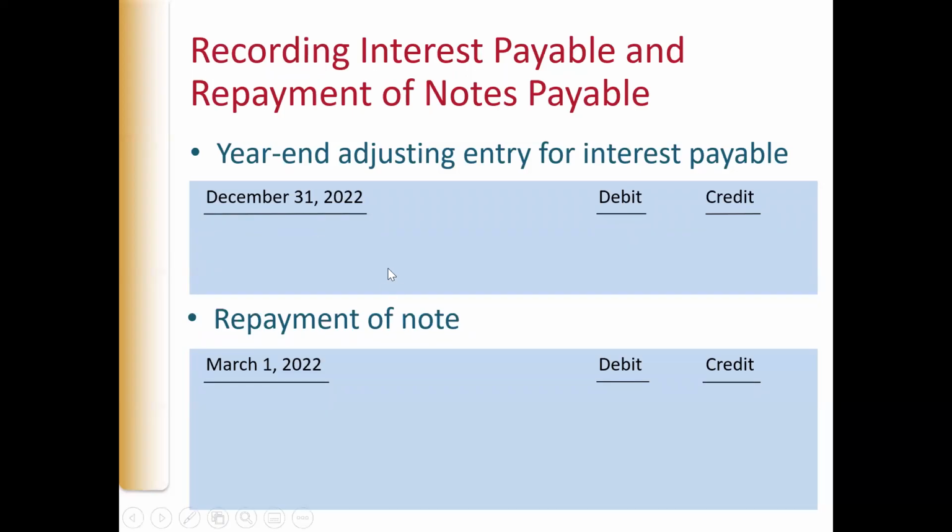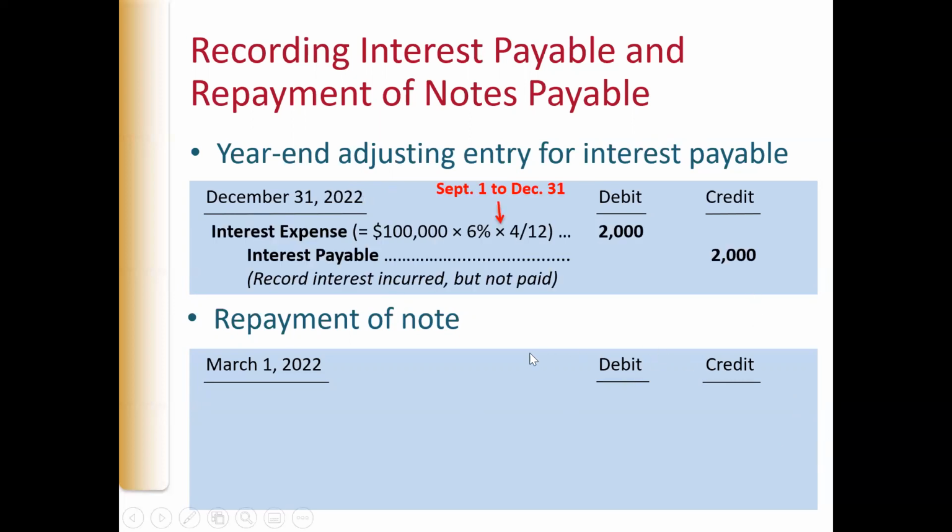So what happens at the end of the year when we need to create an adjusting entry for the interest payable? At that time we show the interest expense: 100,000, which is the note balance, times the annual interest rate of 6%, times 4 months out of 12 months.